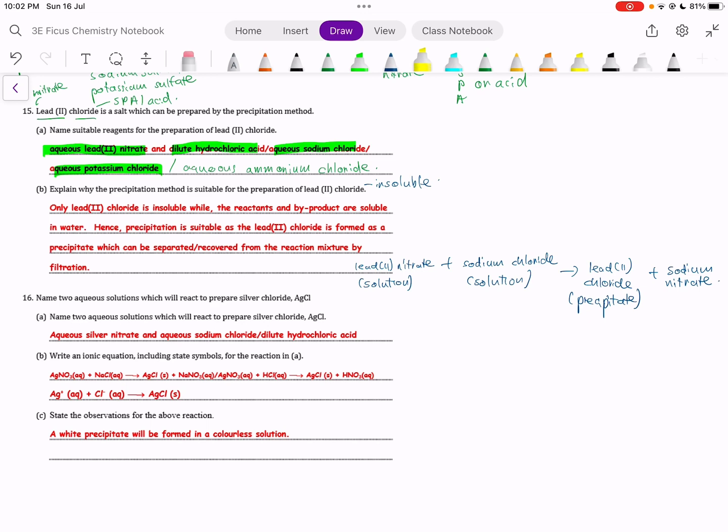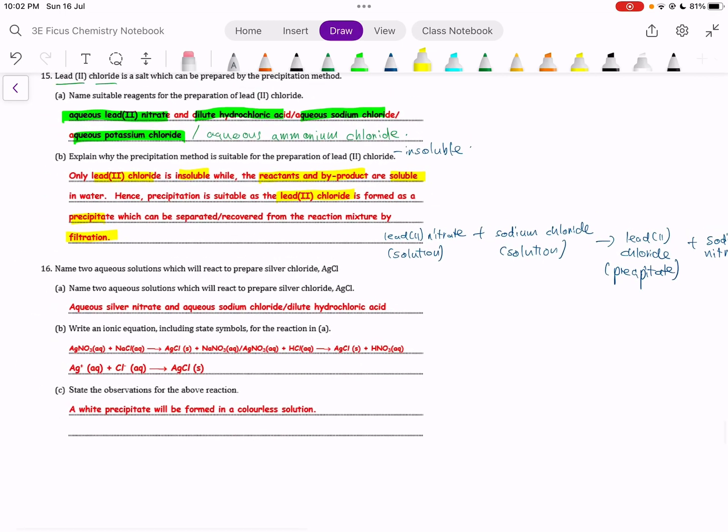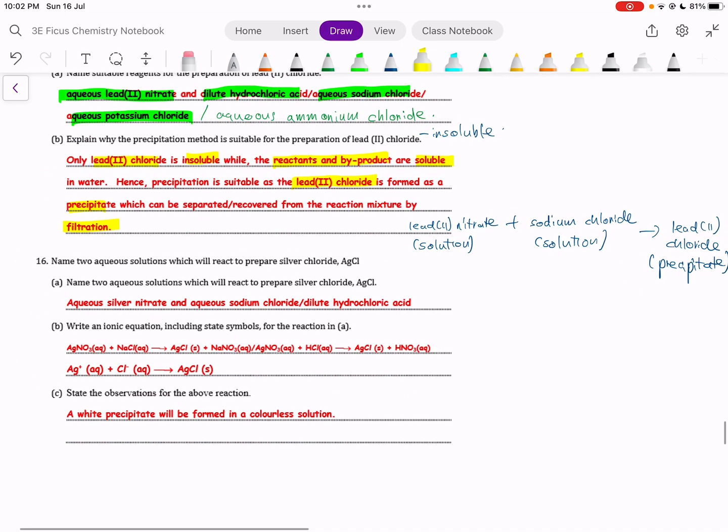So to explain it, you say that your lead 2 chloride is insoluble, the reactants and the byproduct are soluble. Hence, precipitation is suitable as your lead 2 chloride can be formed as a precipitate which you can easily remove by filtration. Then question 16 is name 2 aqueous solutions to prepare your silver chloride.